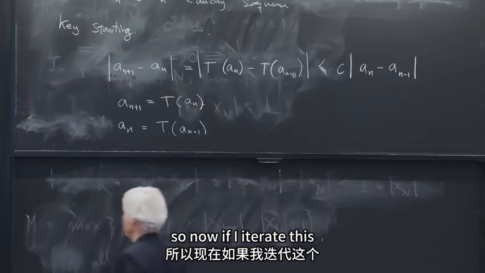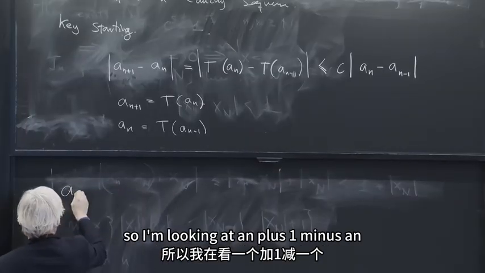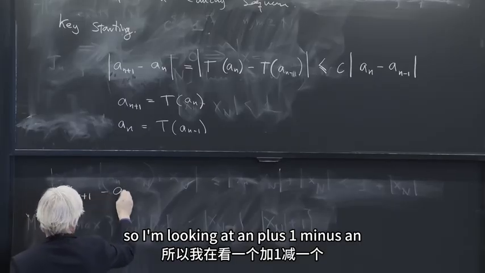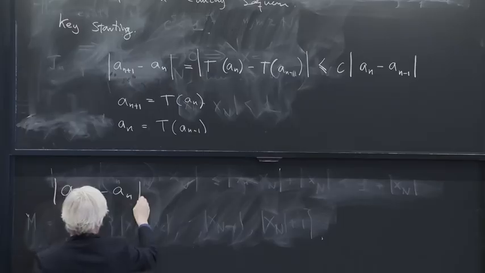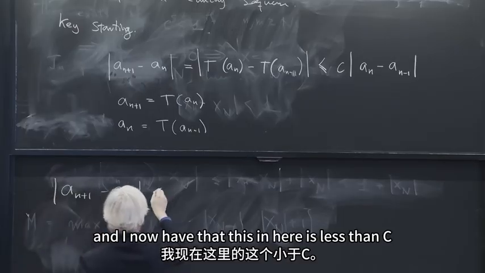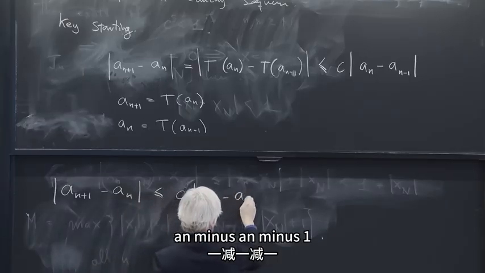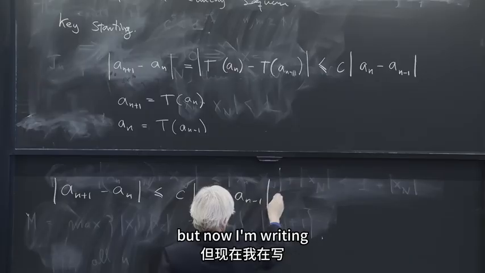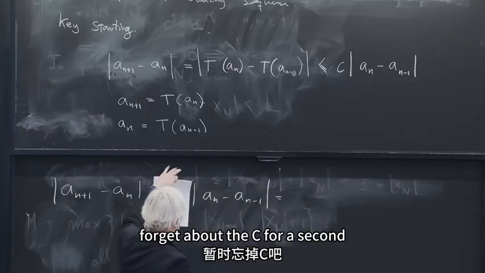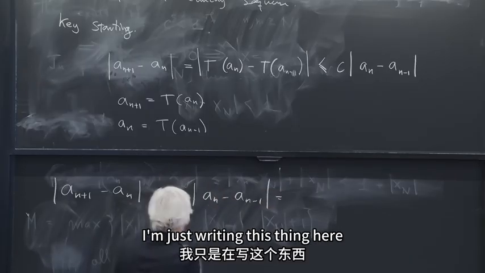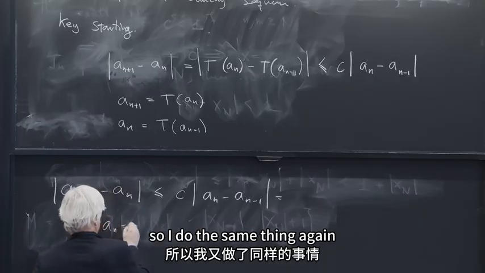So now if I iterate this, so I'm looking at a n plus 1 minus a n. And I now have that this thing here is less than c times a n minus a n minus 1. But now I'm writing, forget about the c for a second. I'm just writing this thing here, so I do the same thing again.